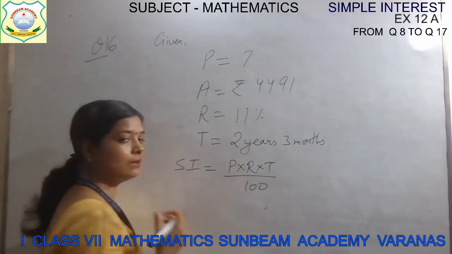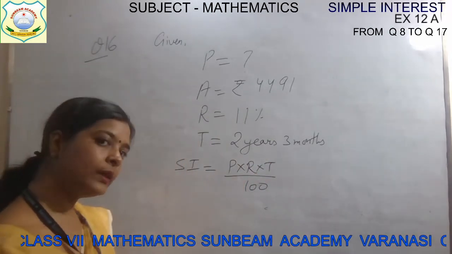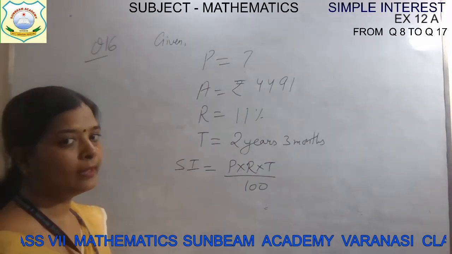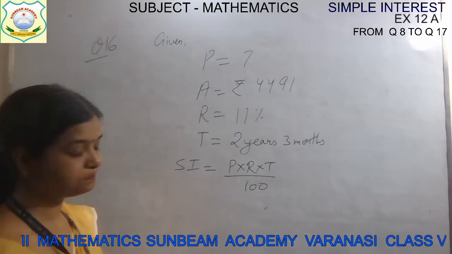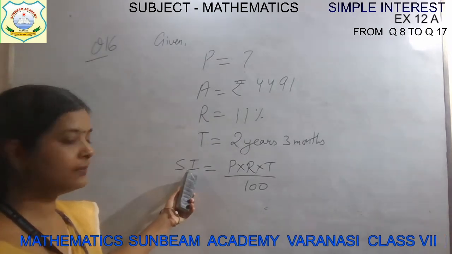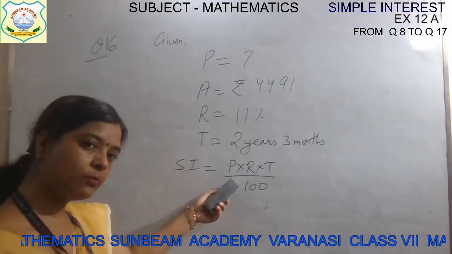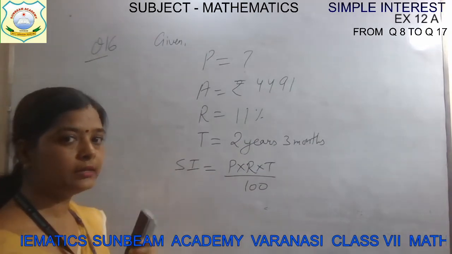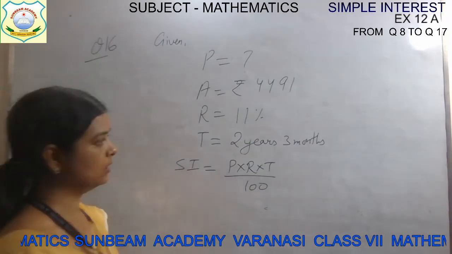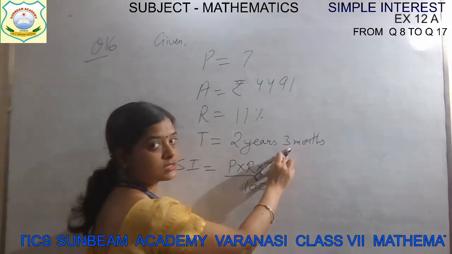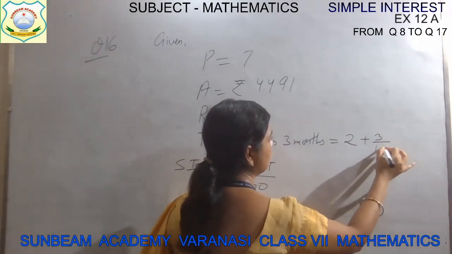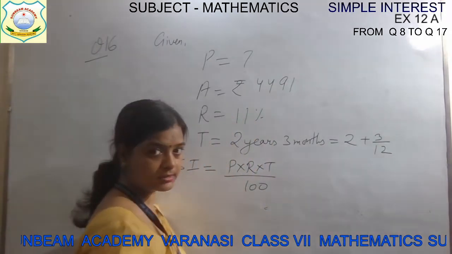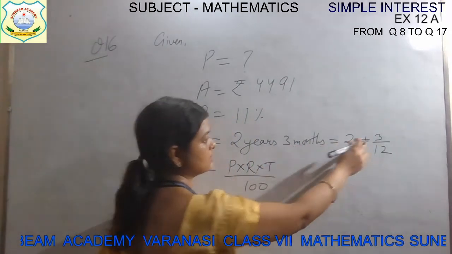We will find a value from here and then substitute it in the amount, so that we can find the value of P. So we will put this simple interest formula in the amount formula. Before that, just convert this. 2 years and 3 months can be written as 2 and 3 by 12 years. 3 months can be written as 3 by 12.